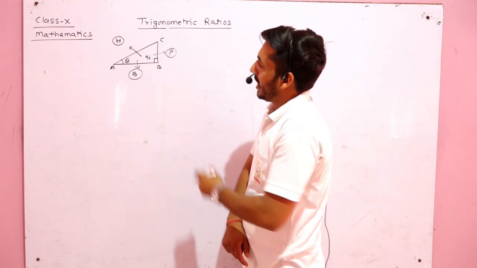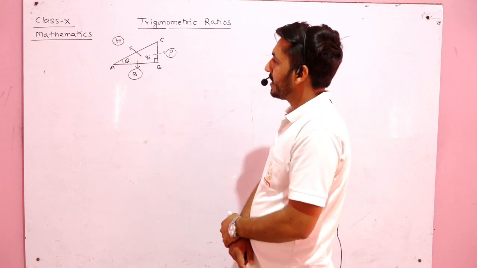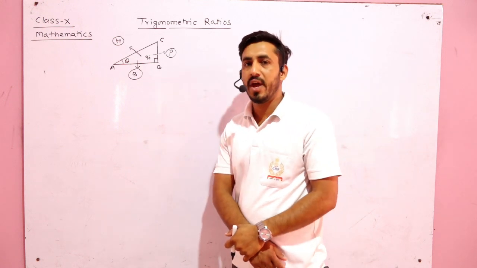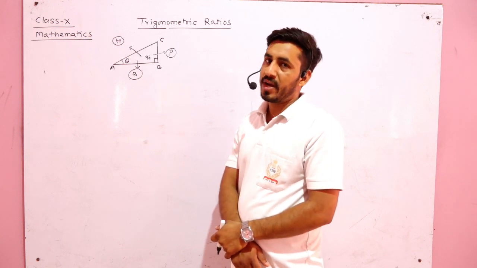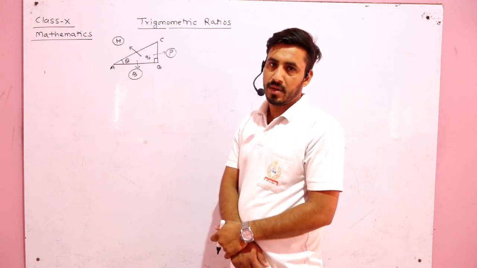By assuming theta and 90-degree, all 3 sides we have measured in terms of hypotenuse, perpendicular and base.